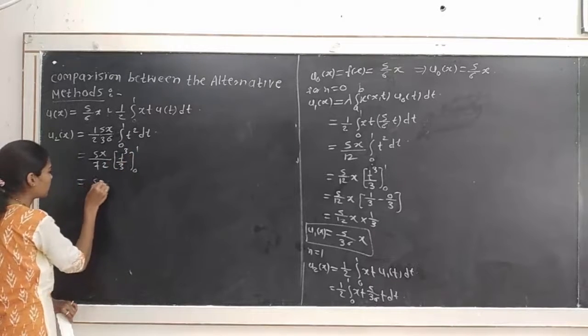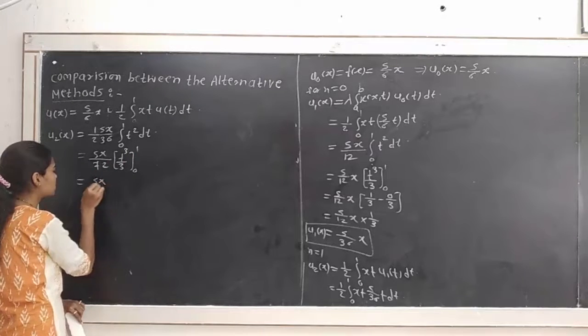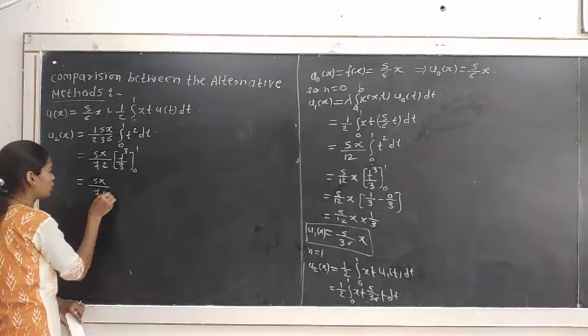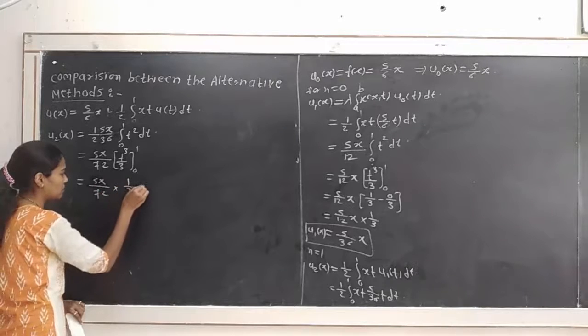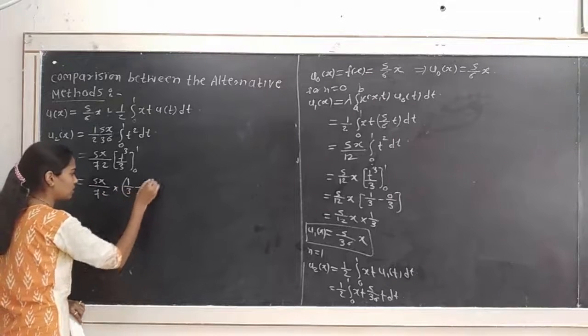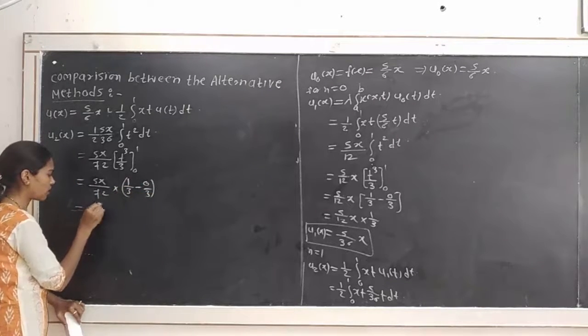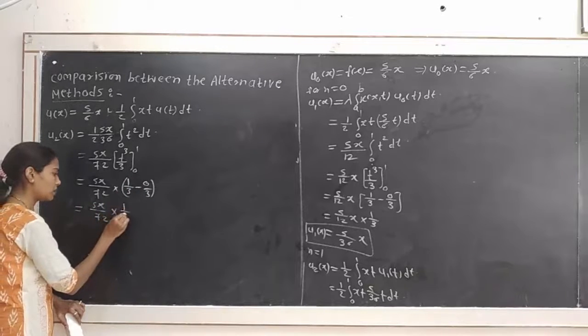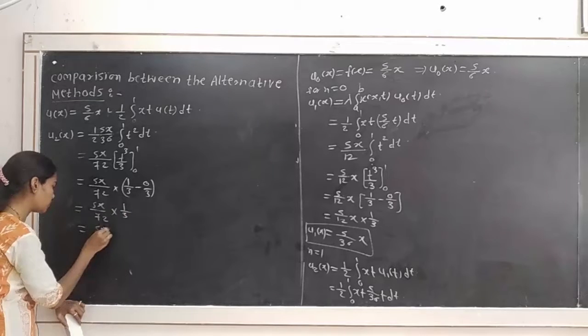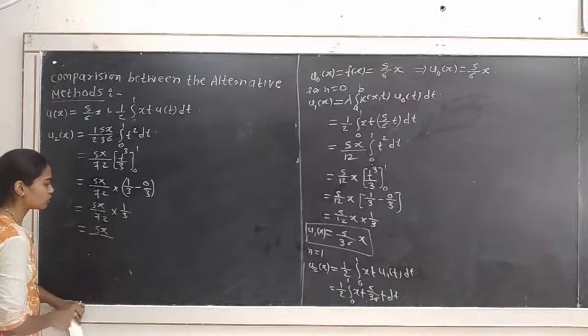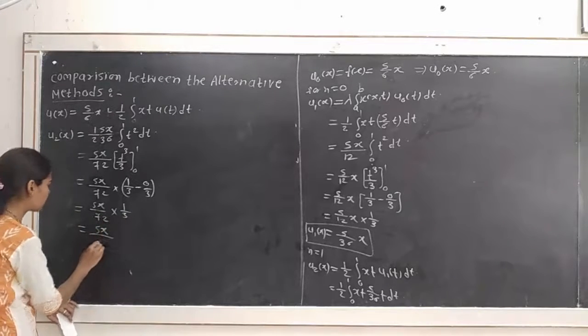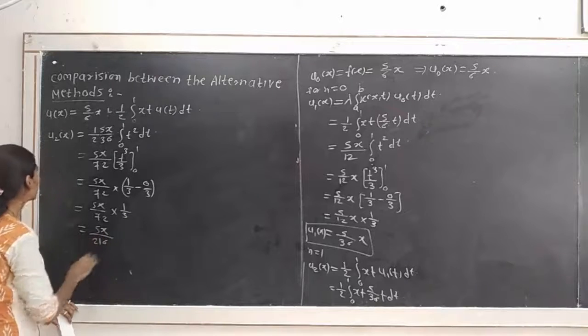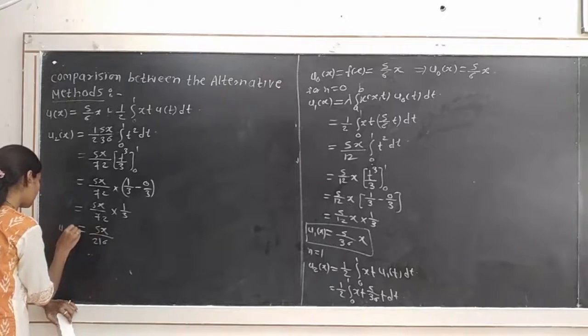So we have to get 5x divided by 72 into 1 by 3 minus 0 divided by 3. So we have to get 5x divided by 72 into 1 by 3. So we have to get 5x divided by 72 into 3 will be 216. So u2 of x will be 5x divided by 216.